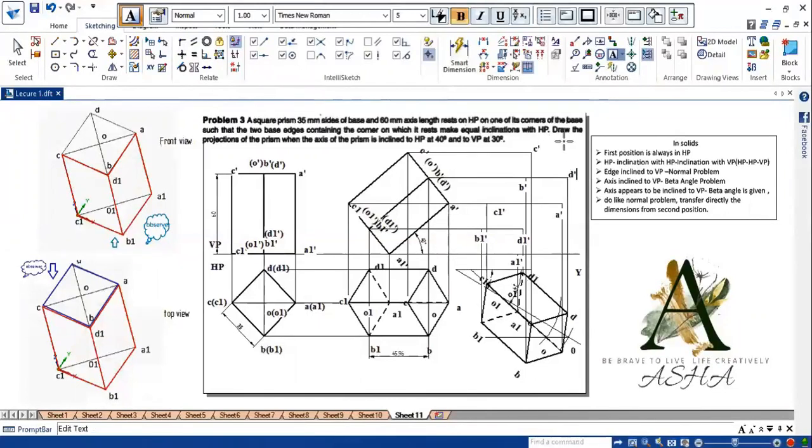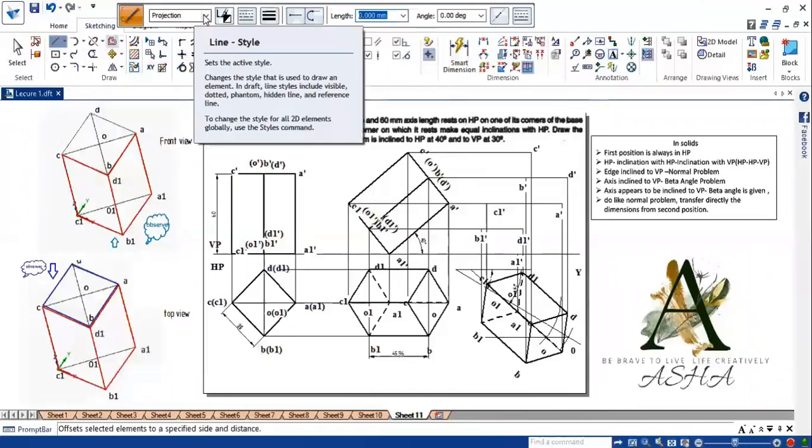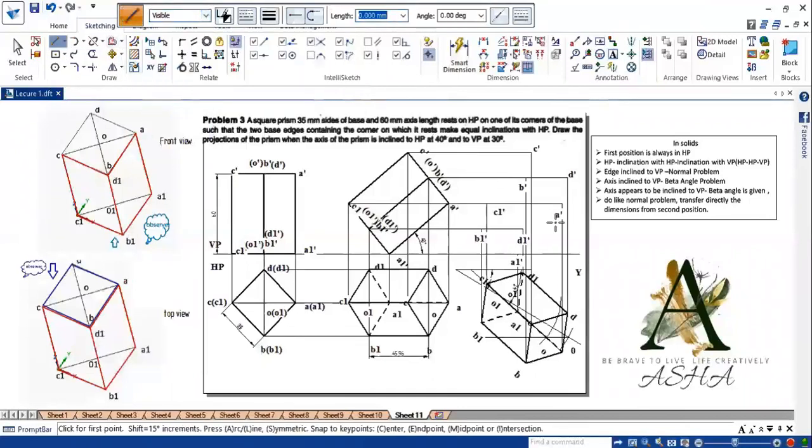Now I am writing the visible and hidden line for the front view. So go for line option. First rule, connect all the outer boundary points through visible line. So I am connecting all the outer boundary points through visible line.